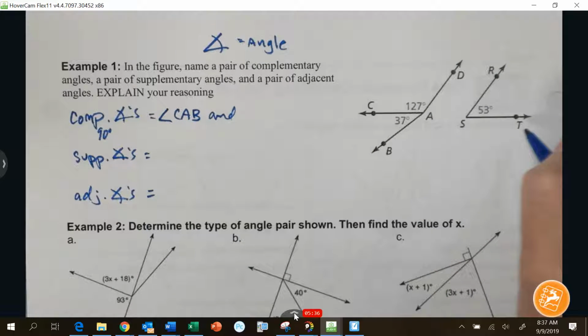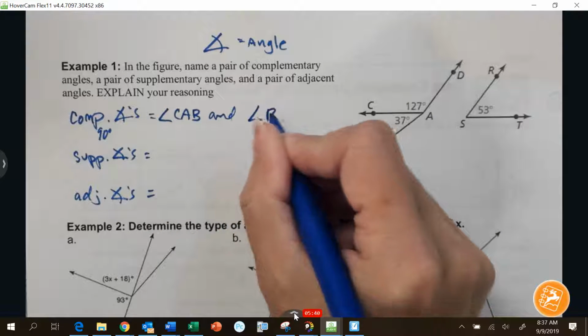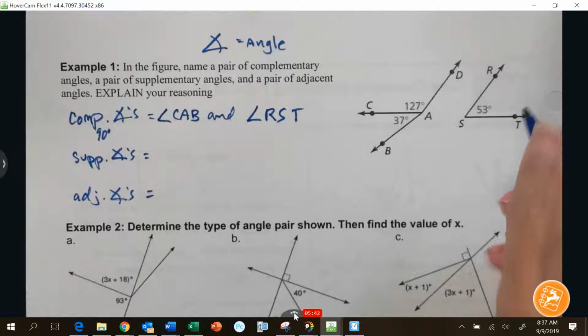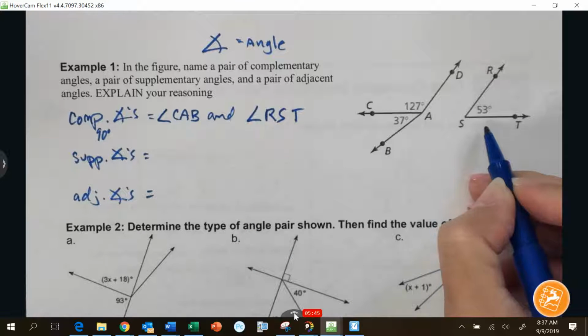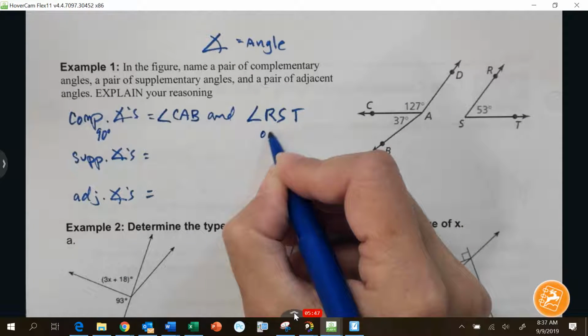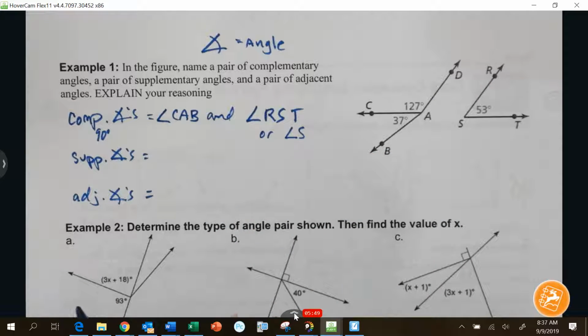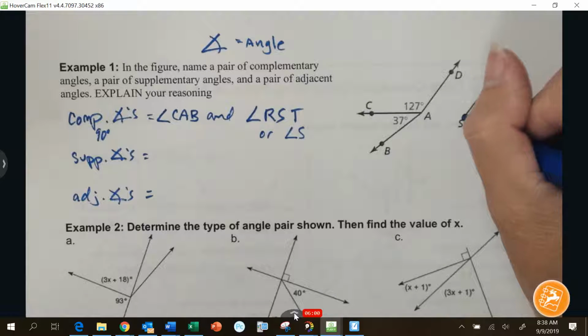So we need to name this angle. Donovan, can you name this angle for me? RST, good. Now, could I name that angle S? Why not, Maggie? Okay, how many angles have a vertex at S?